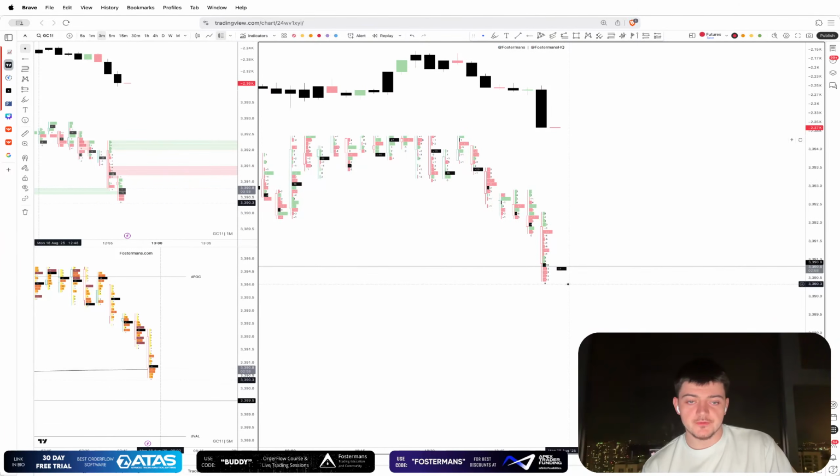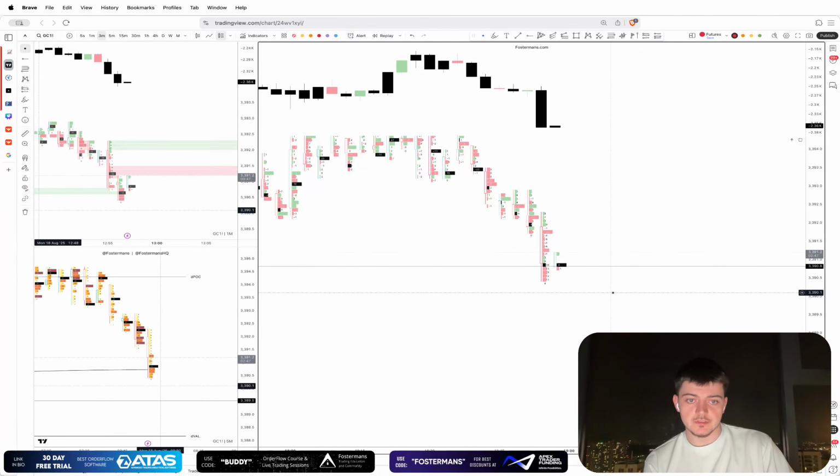There's a 3-minute open. Realistically, I'm kind of looking for this break and retest. I would rather take that retest here. But we'll see what we can get. No divergences yet.